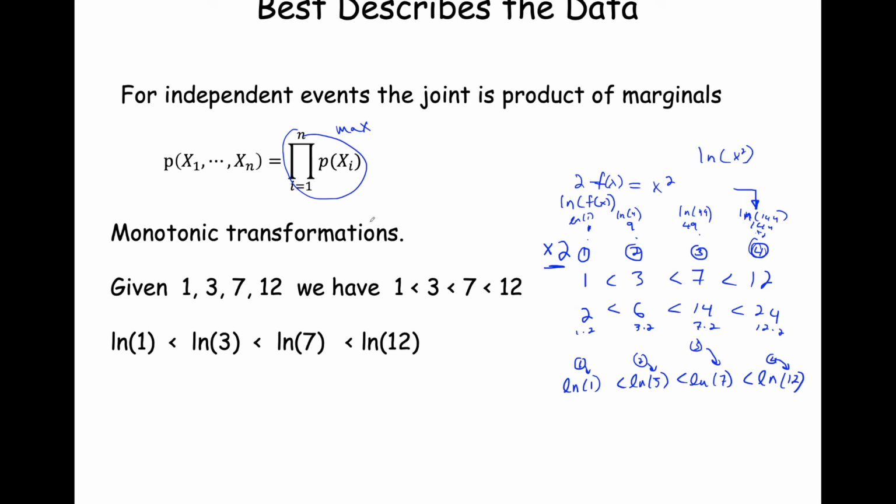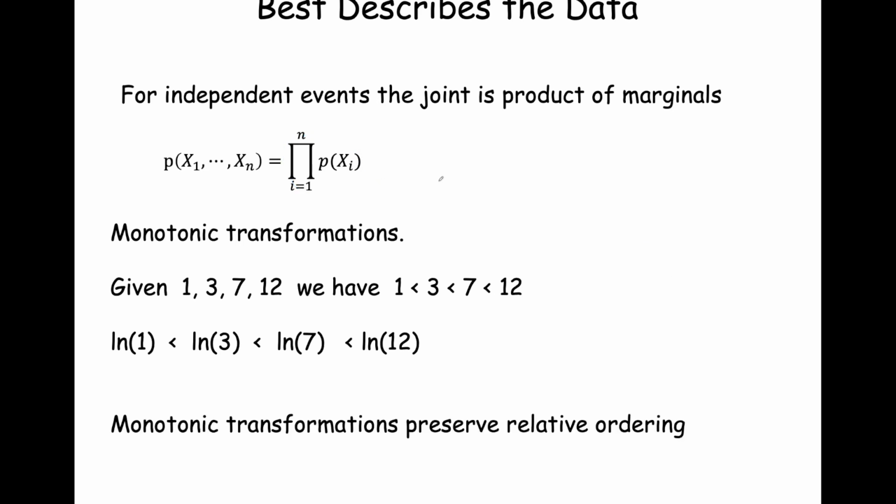And so because we want to find where this expression achieves its maximum, as long as we transform it with a so-called monotonic transformation, the quantity that maximizes it does not change. It's the same position. Okay? All right. So monotonic transformations preserve relative ordering.